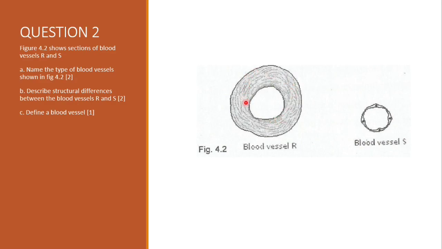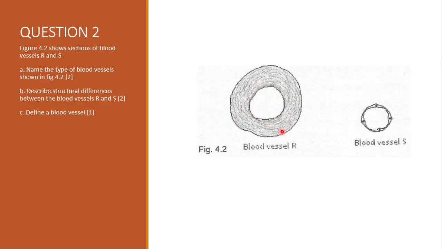So blood vessel R has got thick walls, while blood vessel S has got thin walls. Another one is that blood vessel R transports blood away from the heart, and blood vessel S transports blood towards the heart, because we've identified blood vessel R to be the artery and S to be the vein. So those are the characteristics.